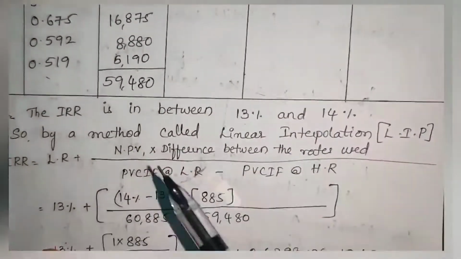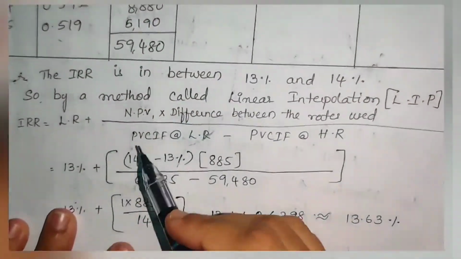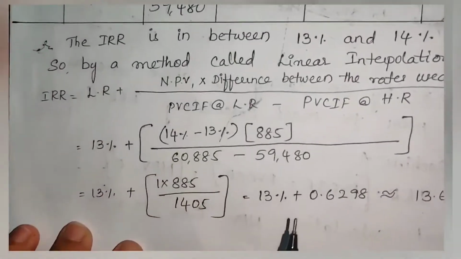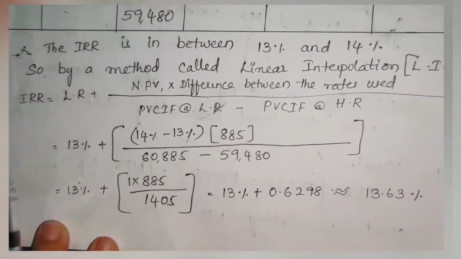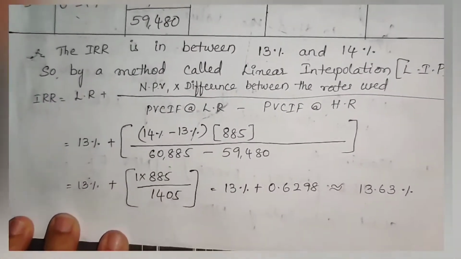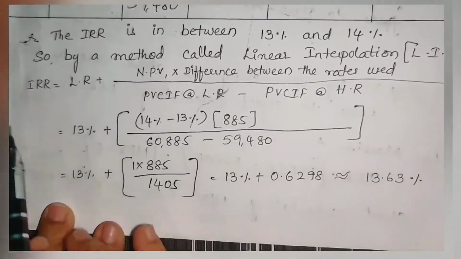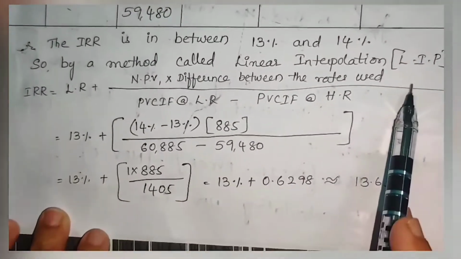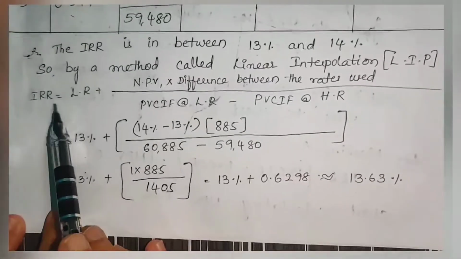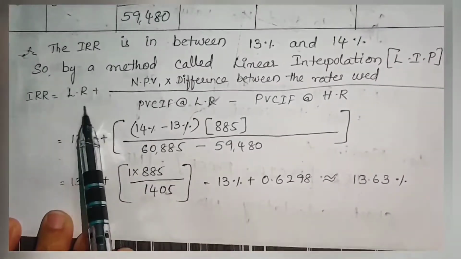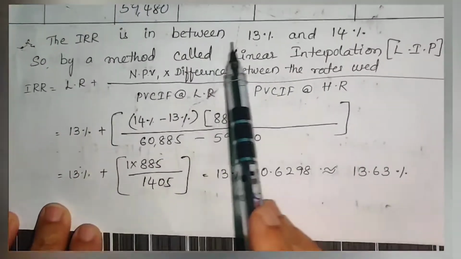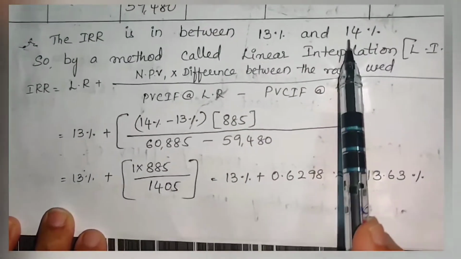So when we get it like that, in that condition we have to use a method called the linear interpolation method. According to the linear interpolation method, IRR is equal to the lowest rate. Why? Because we said that the IRR should be in between 13 and 14%.